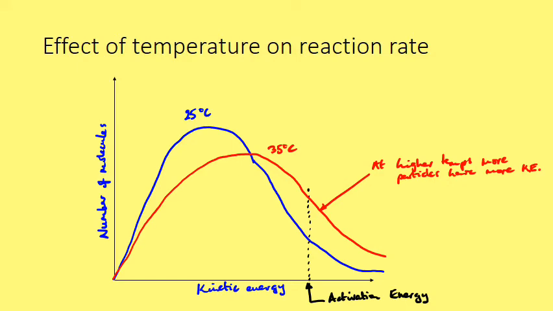Okay, so what we see, let's switch to blue, is that this area here that I'm shading in now represents the number of particles that have the activation energy or more in the system that is at 25 degrees C. And what I'm going to do is switch to red and draw in this area here.